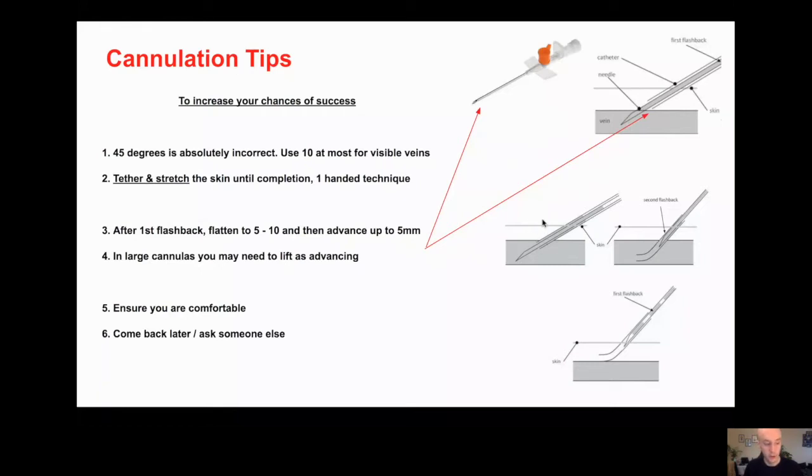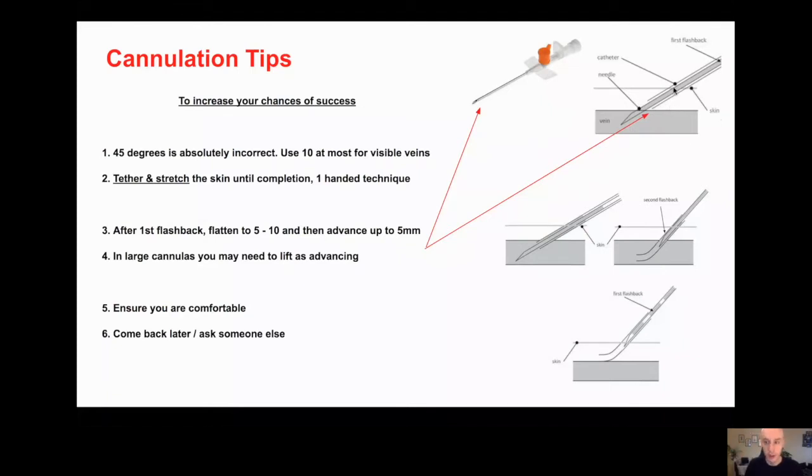Because if you have just the needle in and you try to advance the plastic, well, it might not be able to go through the vessel wall and you might blow the vessel, or even worse, in between that movement, you might pull the needle out a couple of millimeters, and now there's no way that that mini Seldinger technique is going to work because the needle is not in the vein anymore.